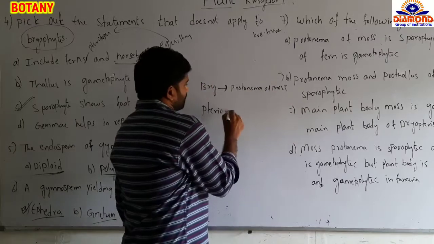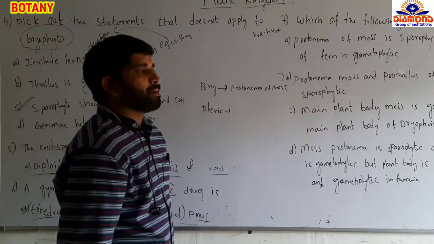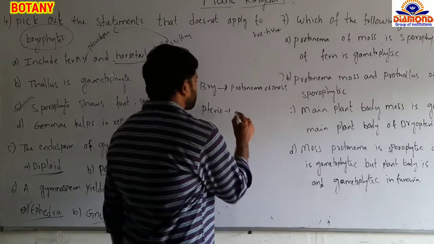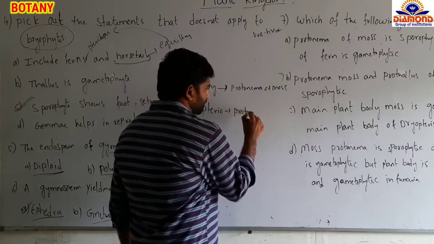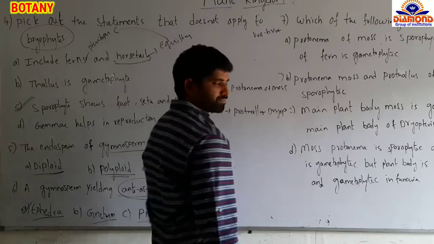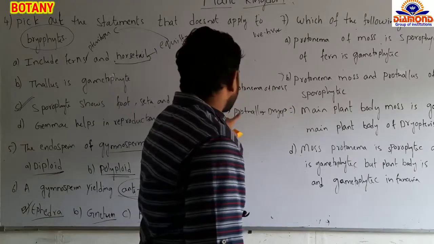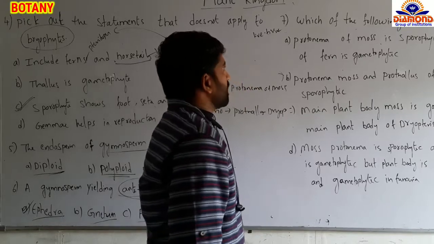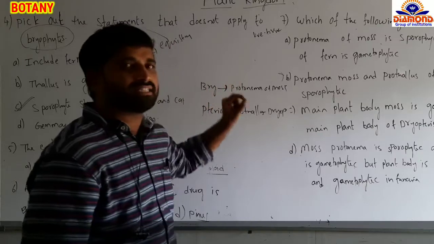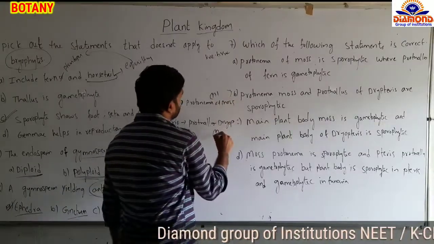And in pteridophytes, as in bryophytes, the first multicellular haploid gametophyte body is the prothallus. So protonema belongs to the bryophytes, and prothallus belongs to the pteridophytes. Both protonema and prothallus are seen in the gametophyte body only, meaning both are haploid.